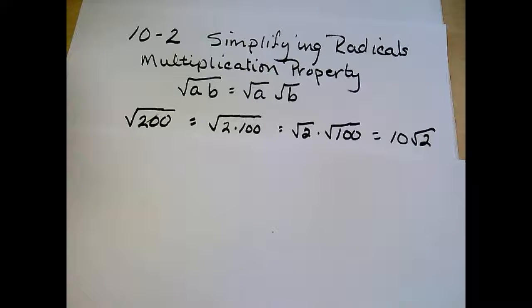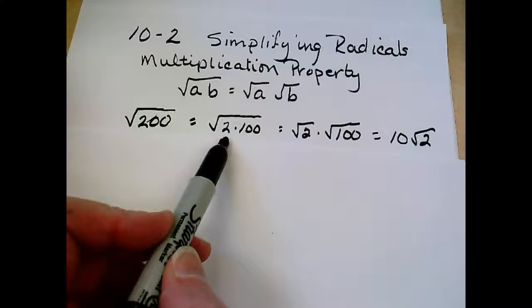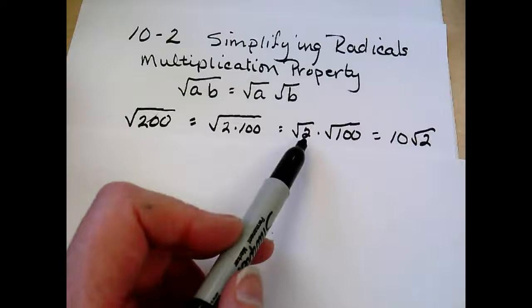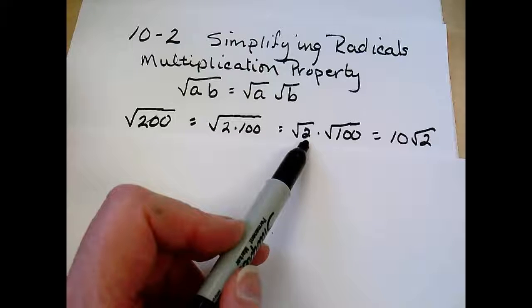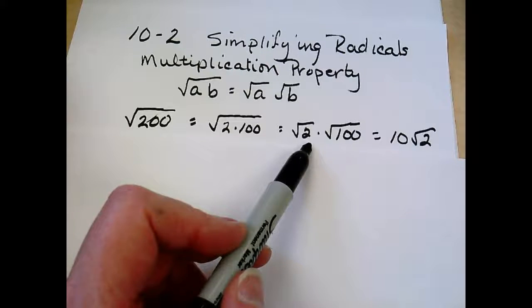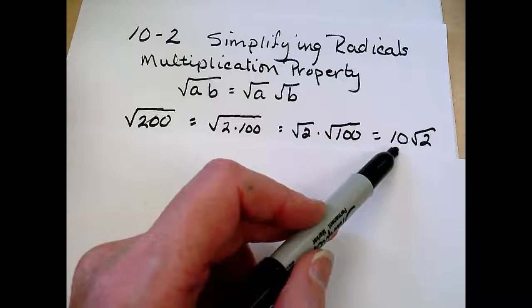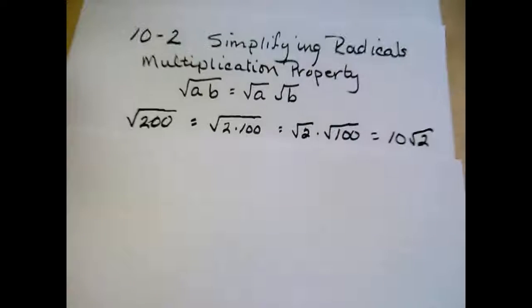An example of that, square root of 200 is equal to the square root of 2 times 100. We can put the square root over each number. I can't take the square root of 2 without a calculator, and we are not doing that in this section. We're just leaving it. Square root of 100 is 10. So we write 10. The square root of 2, because we can't simplify it, stays.